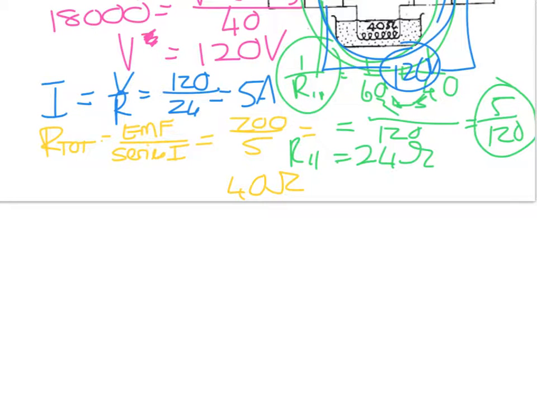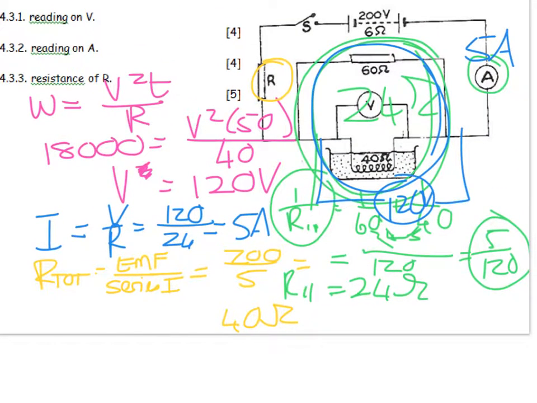But of those 40 ohms, I do know that some of them come from this 24 and some of them come from that 6. So R is equal to the 40 total less the 24 less the 6, and that leaves me with 10 ohms.